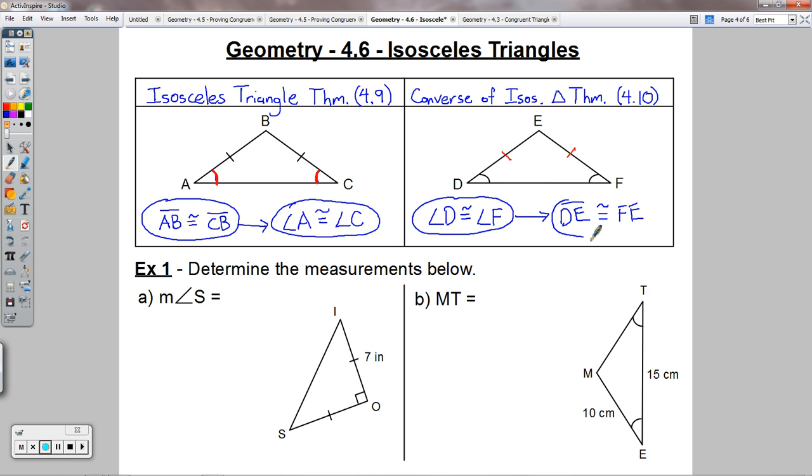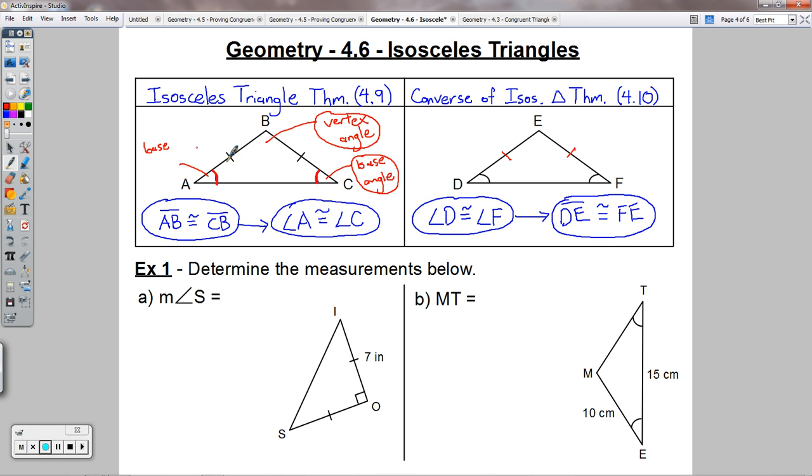One more thing to add to the picture to the left here, I did want to say what these things were. So this right here would be the vertex angle. And then here we have a base angle, and over here we have the other base angle.